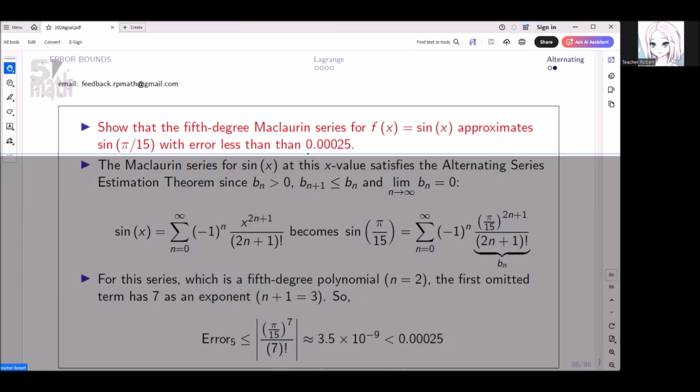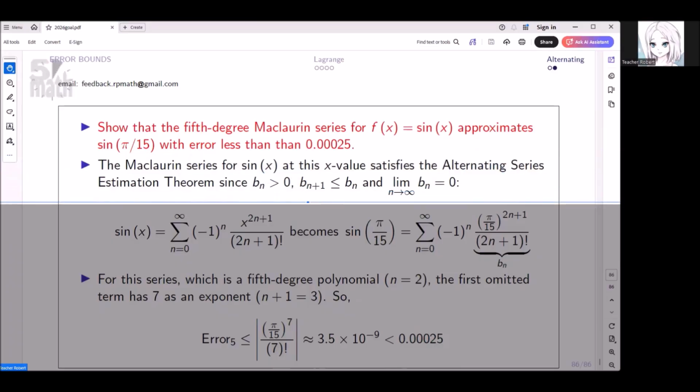Show that the fifth-degree Maclaurin series for f of x equals sine x approximates sine pi over 15 with error less than this. The Maclaurin series for sine of x at this x value satisfies the alternating series estimation theorem, since bn greater than 0, bn plus 1 less than or equal to bn, and limit n to infinity bn equals 0.